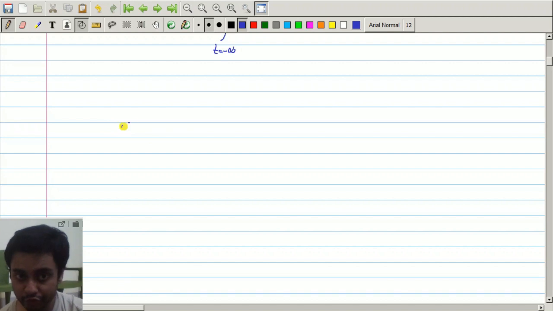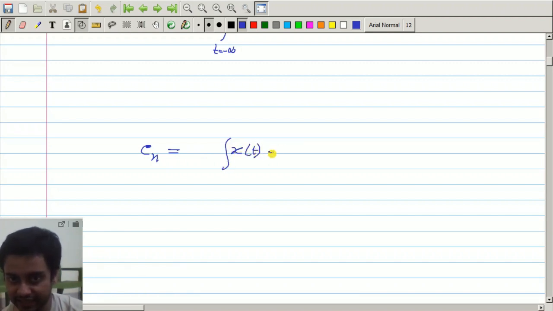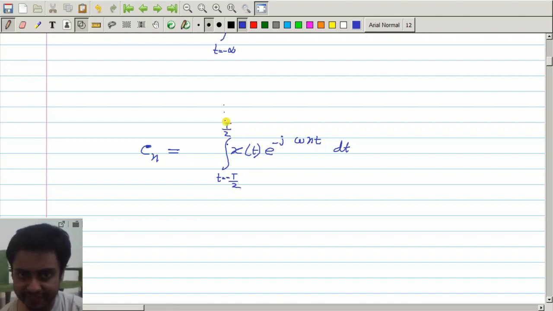Now we know that for periodic signals we can calculate Fourier coefficients Cn in this way: integration of the signal x(t) multiplied with e to the power minus j omega n t dt, t running from minus T by 2 to plus T by 2, that is one complete cycle, and then divided by the time period T. This way we can calculate the Fourier coefficients of a periodic signal.